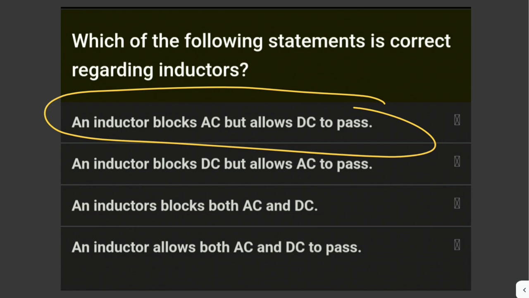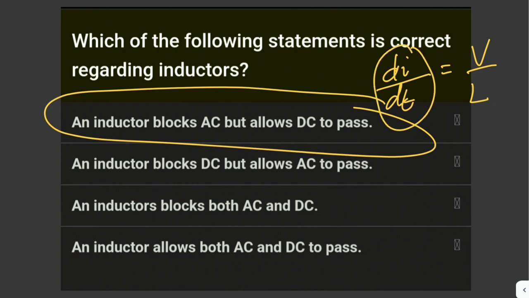An inductor resists the change in current, that is why it blocks AC. The equation of an inductor is di/dt equals V over L, where di/dt is the instantaneous rate of current change in amperes per second, V is the instantaneous voltage across the inductor, and L is the inductance in henries.